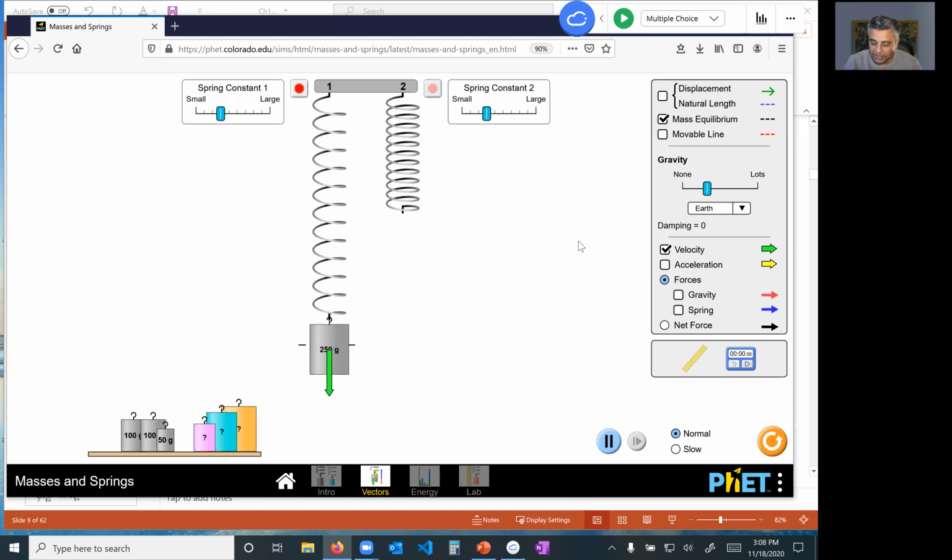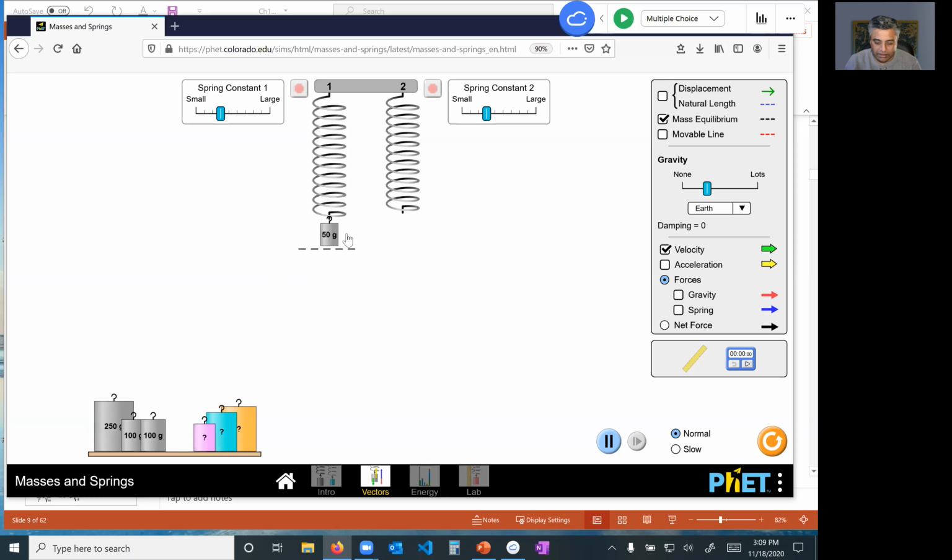So that's the velocity. Maybe I can attach the acceleration too. Let's see if I can put the small mass, so that way it's going to take longer.